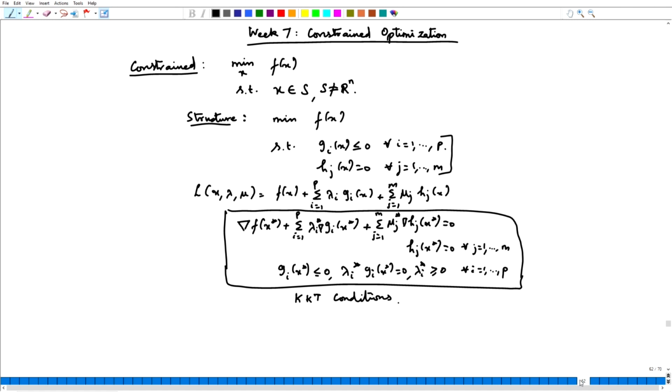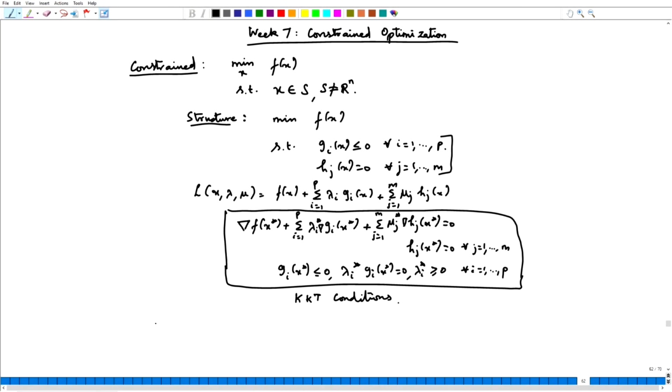So, this is a very brief recap of what constrained optimization means. This is how you find the critical points of a given constrained optimization problem analytically. If you can find this analytically, you should be asking why we are actually working out the algorithms.